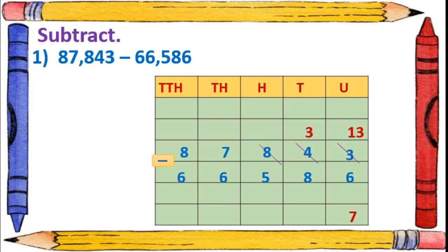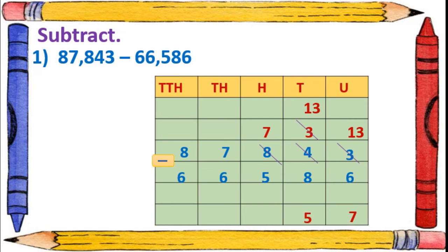Now here 100. 100 is equal to 10 tens. Correct? 10 tens plus 3 tens is equal to 13 tens. And in the hundreds place, 700 remained. Okay? Now, 13 minus 8 is equal to how much? That is 5.